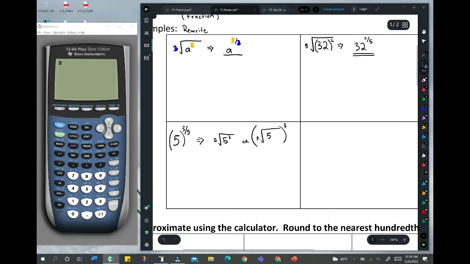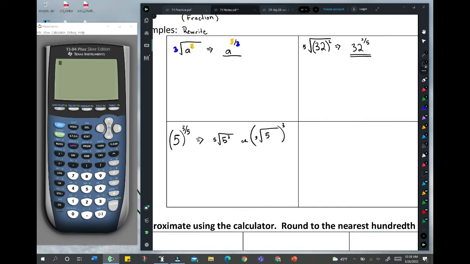You can start to simplify these as well. So if I gave you something bigger, say 36 to the 3/2, you could rewrite that as the square root of 36 to the third.